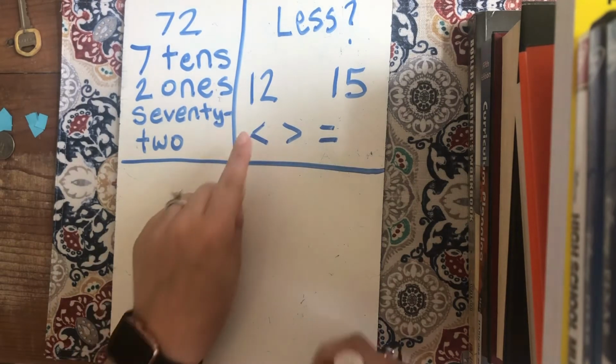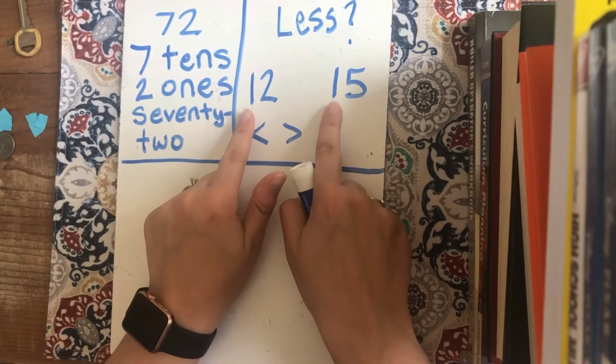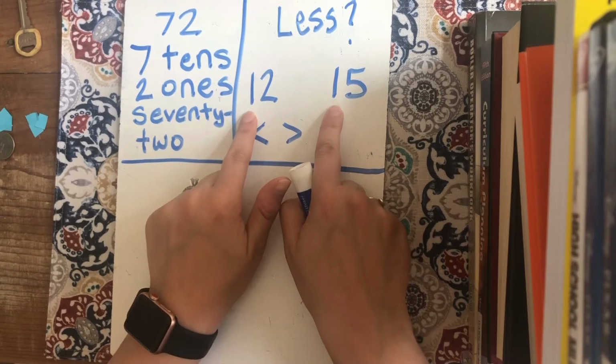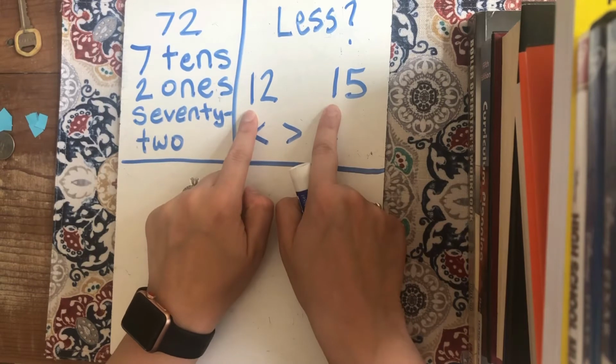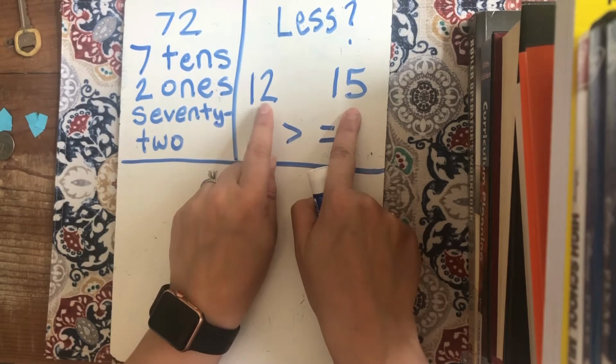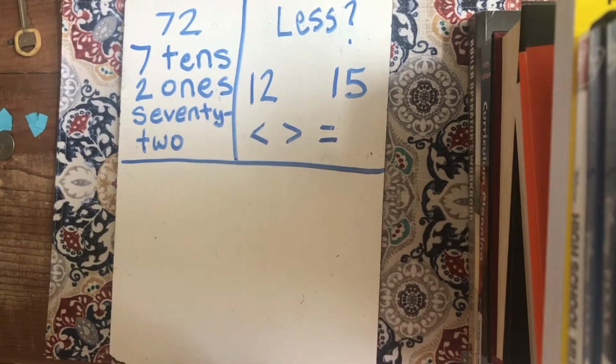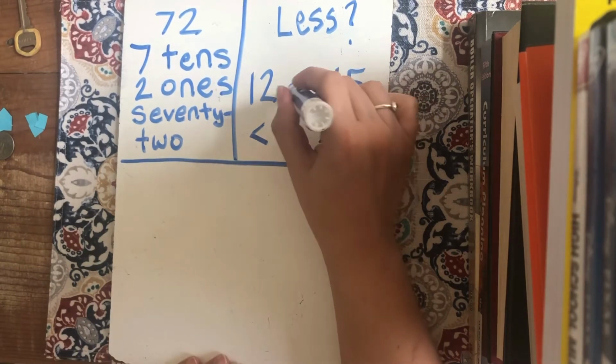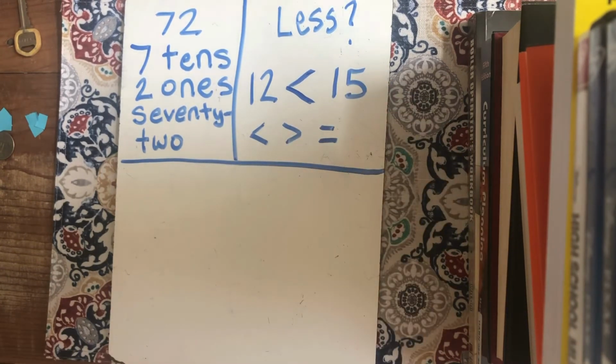Well, let's look at our tens place real quick. Our tens place is equal, right? They're equal because they both have a 1 in the tens place. But let's look at our ones place in our numbers. Ooh, 2 is smaller than 5. So I'm going to say 12 is less than 15.